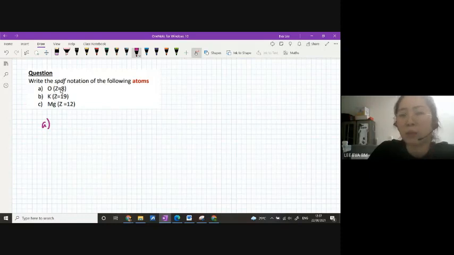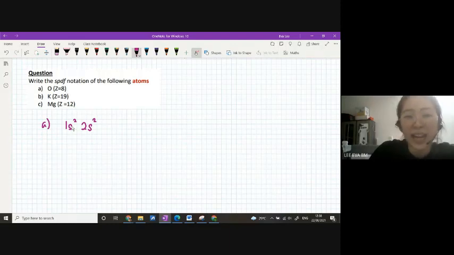oxygen, we have a proton number of 8, and because it is neutral, the number of electrons is the same. So we start from 1s2, because the s orbital has a maximum of 2 electrons. 8 minus 2 leaves 6. Then we go to the next level, which is 2s. 2s also has a maximum of 2 electrons, so after filling, 4 more are left over.